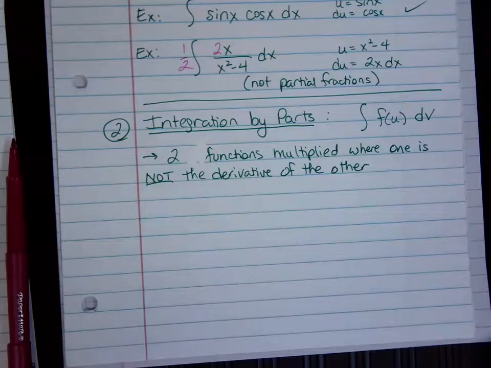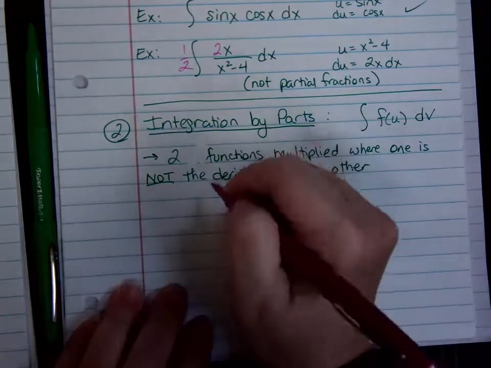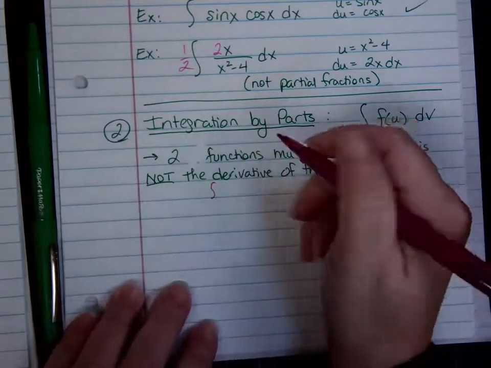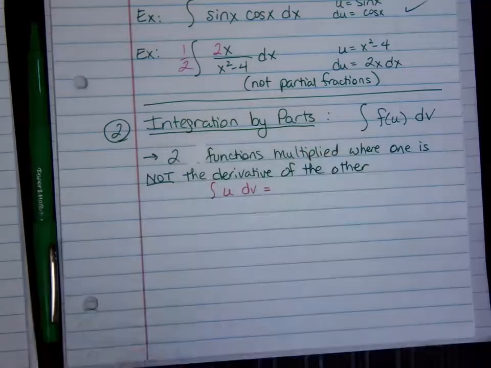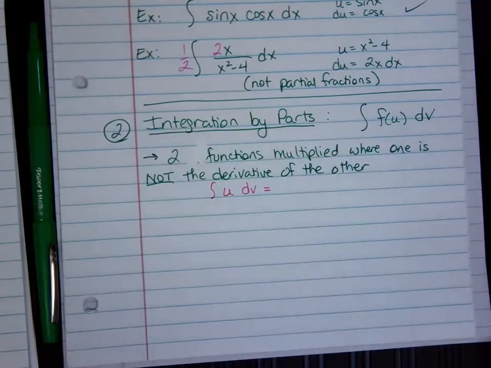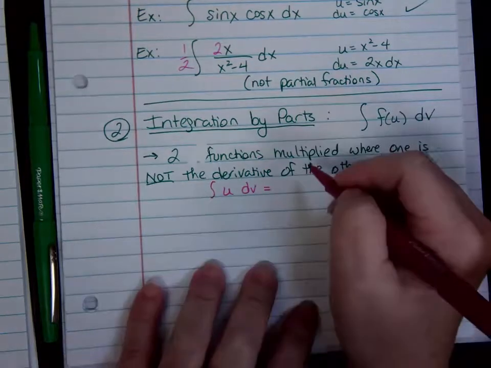Okay? So, how do we do this? There's a formula that you need to have memorized for the quiz. And the formula is the integral of u, some function u dv. Who remembers the acronym to remember it? Ultraviolet voodoo. So what do we write first? U times v.